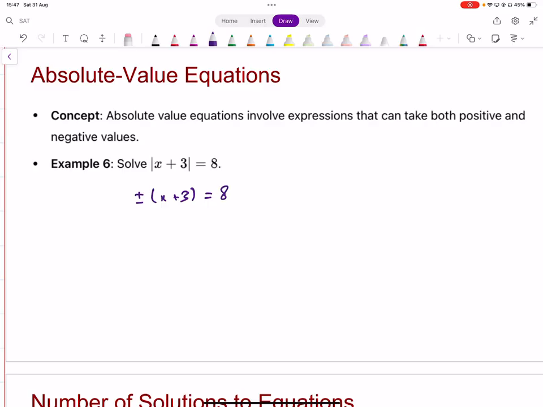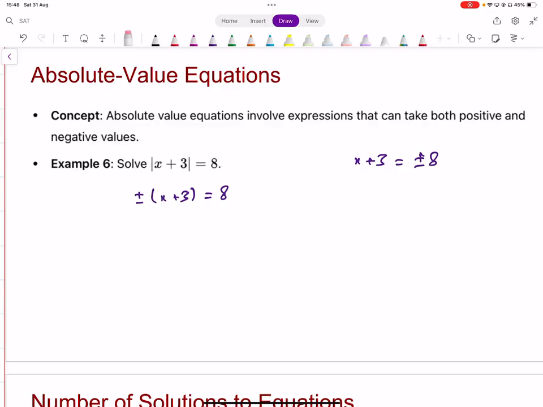Make sense? Now you can put that plus minus on either side. It could be on the left side or on the right side. It's the same thing. You can also do x plus 3 equal to plus minus 8. That will give you the same result as well. Okay? So the idea is you remove the modulus sign and put plus minus. So you get two cases, one with plus sign, one with minus sign.